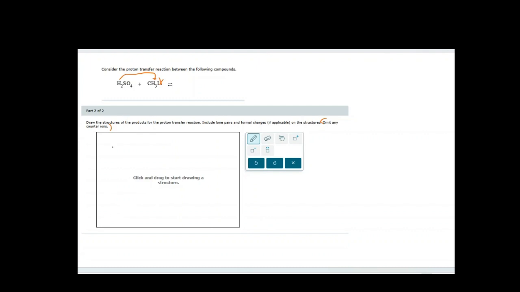So I'll show you how to draw the product, or what ALEKS is going to expect. First we'll start by drawing the conjugate acid. So hydrogen has moved over to this methyl group, so we'll draw a C right here.